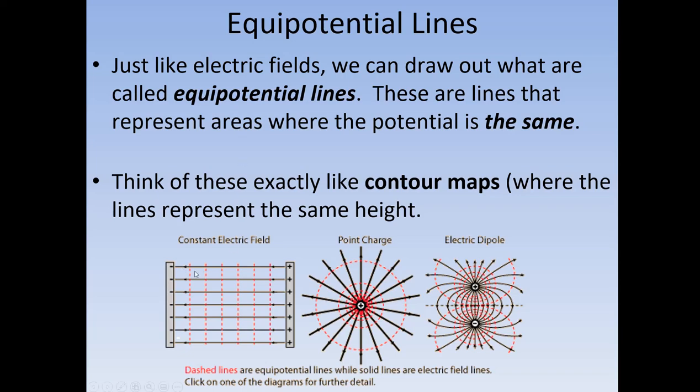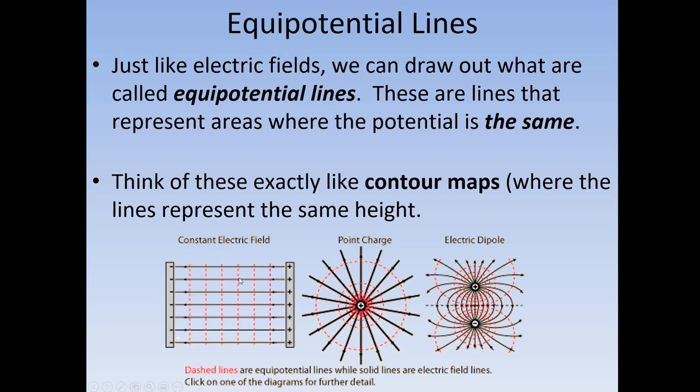So this is kind of what equipotential lines look like. You still have the straight lines with the arrows for the electric fields going from positive to negative. Here's around a point charge. All the lines are going outwards. But then you have these dotted lines that go perpendicular to the field lines.